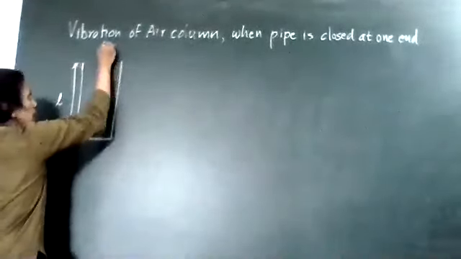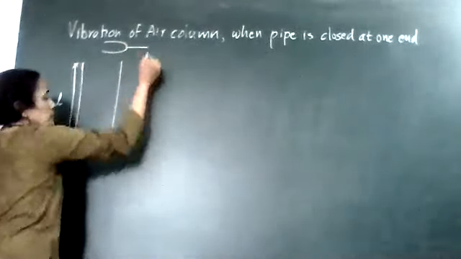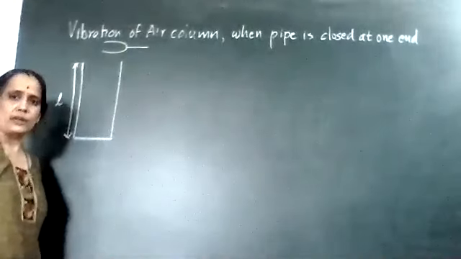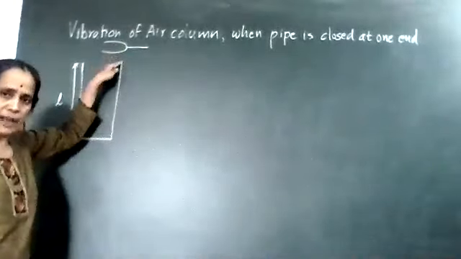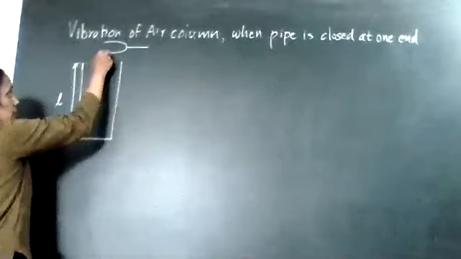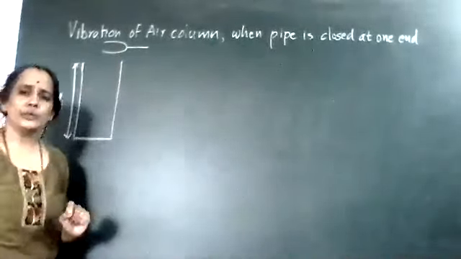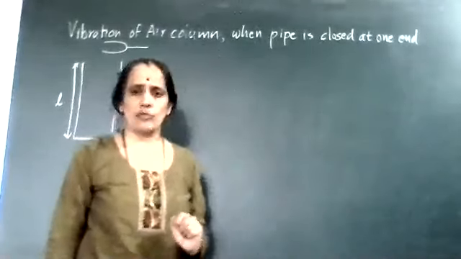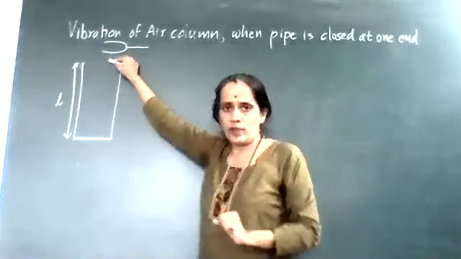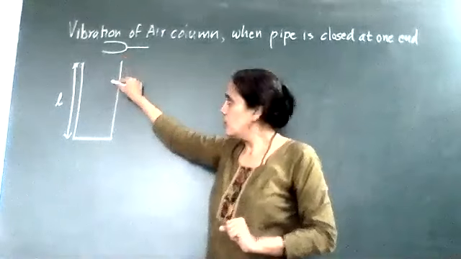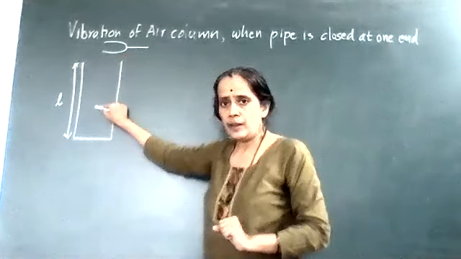Now when we hold a vibrating tuning fork near the open end of the pipe, this tuning fork will send the longitudinal wave, that is the sound wave. That sound wave will travel through this air column.